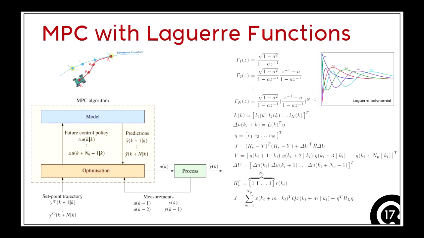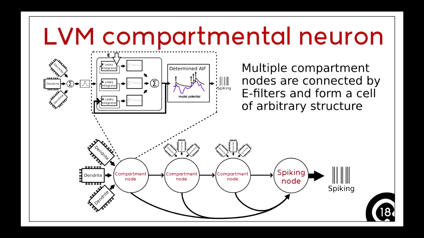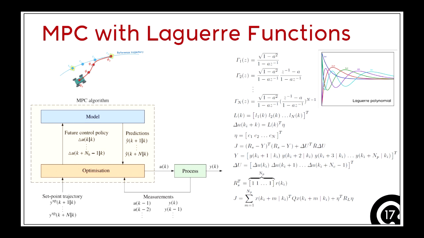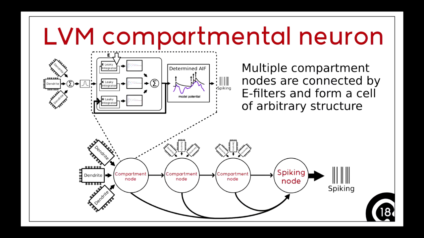So we solve the model predictive control with Laguerre basis functions, and achieve learning of these functions very fast and efficiently. We just need several steps to converge on these tasks. When we have the dynamical system for one compartment, we can also construct any arbitrary topology of these cells.